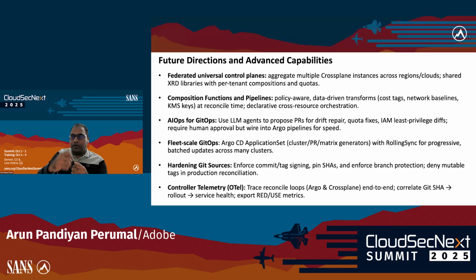For example, if the infrastructure grows on AWS or Azure, relying on one particular cluster can increase the load onto that cluster. So we can create multiple Crossplane clusters to manage that load.